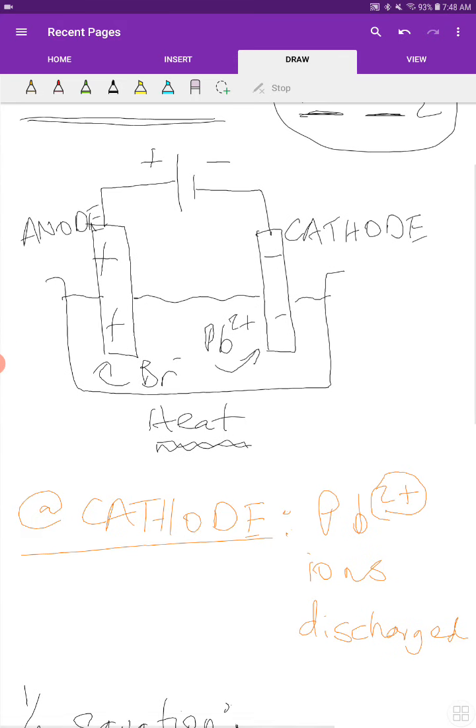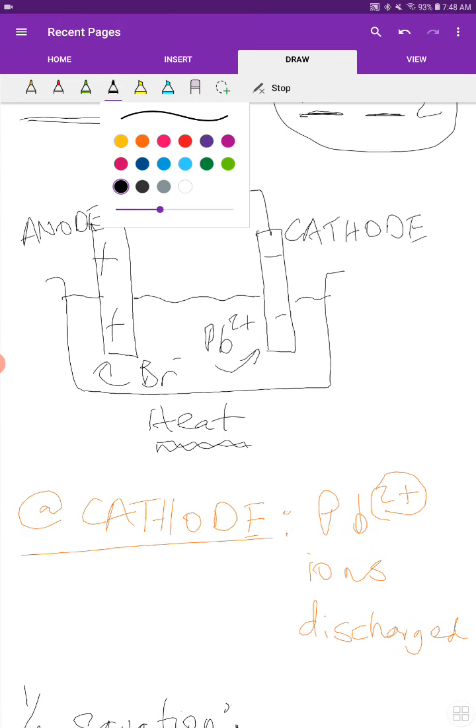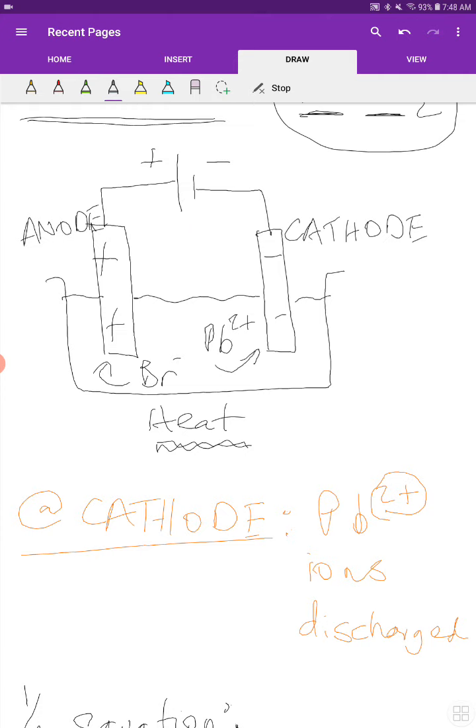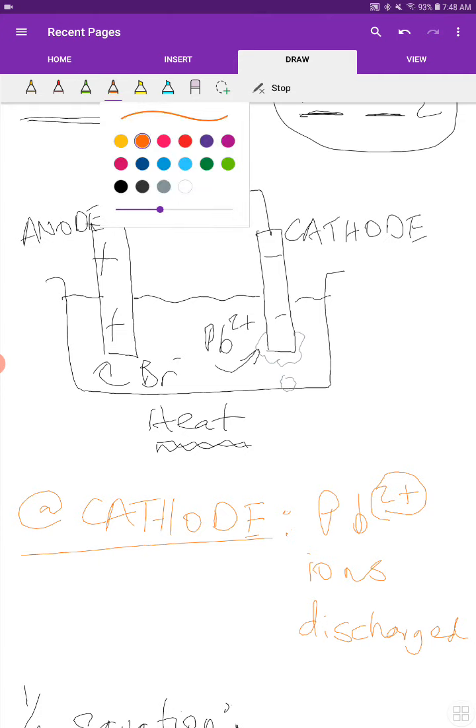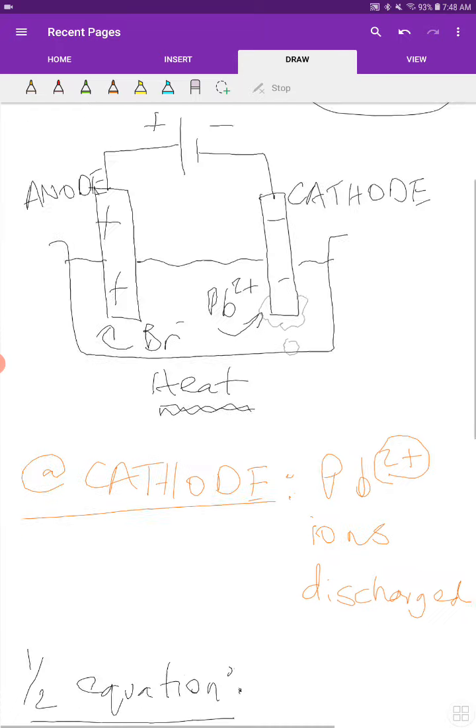Now, because we're forming a liquid metal, at the cathode, what we are likely to observe is that it is going to form around the electrode, then it's going to drip off and fall to the bottom of the crucible or the bottom of the container. Okay? So that's what's happening at the cathode. Now let's take a look at what's happening at the anode, the other electrode.